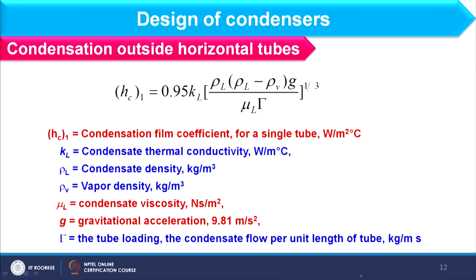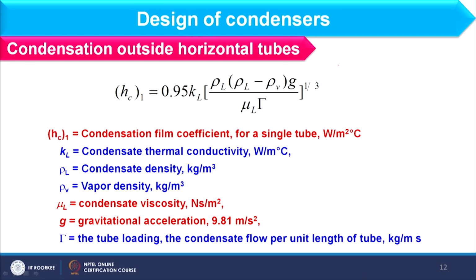Wherever I am finding the change, only that point I am considering here, okay, and that should be wherever condensation is occurring. So, first of all let me focus on the condensation when it is occurring outside the horizontal tube, right. So, placement is horizontal and condensation is in shell side, fine.